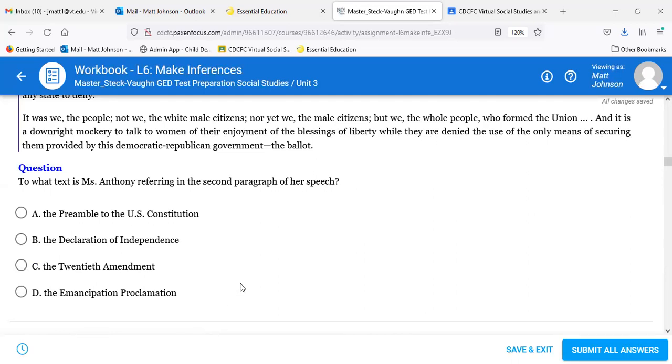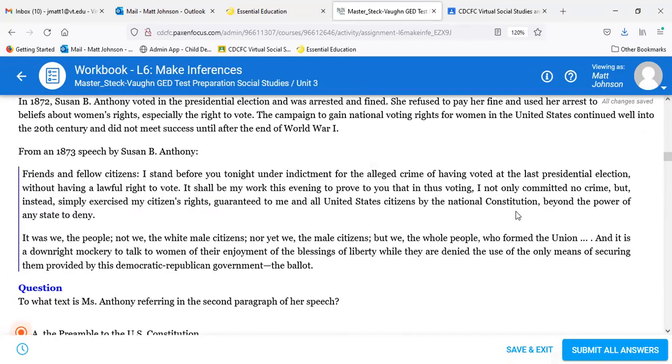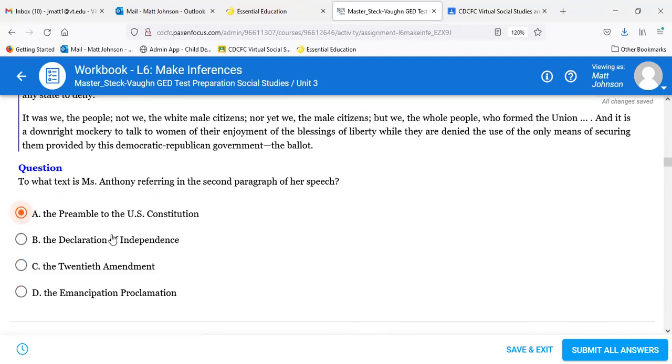A. Yeah, it's the preamble to the Constitution. She mentions the Constitution in the first paragraph, so that kind of tips you off, right? But then when she's talking about we the people, that language is in the preamble. So yeah, A for number 3.